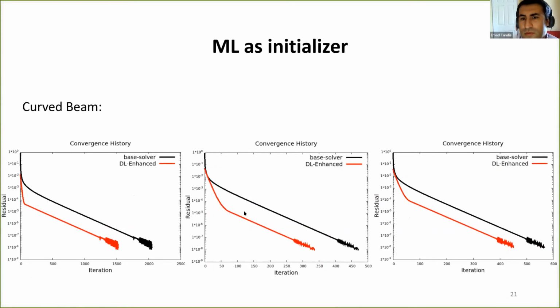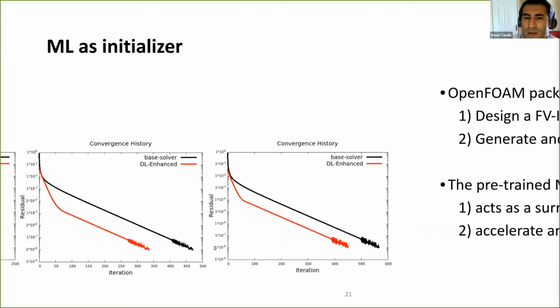Comparing the result with the base solver, you can see it could accelerate the solver by initializing data. To be honest, I expected more acceleration, but since I got this result very recently, 2 days ago, I couldn't dig more into the problem. But anyway, it has some acceleration.